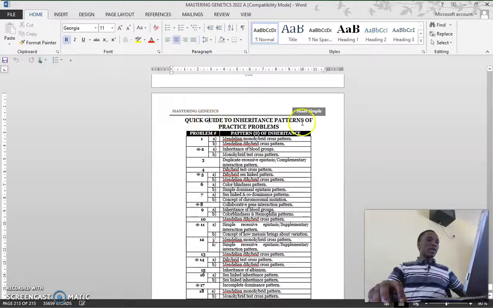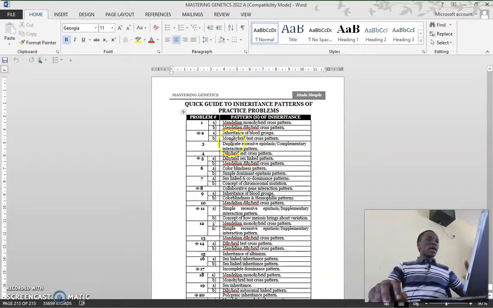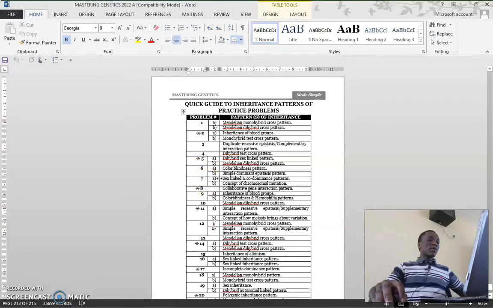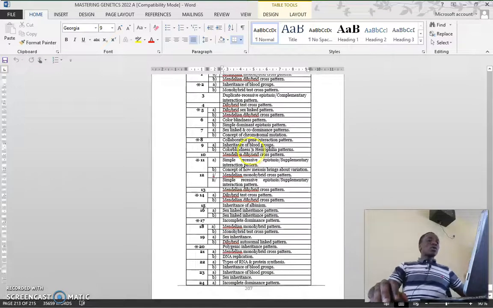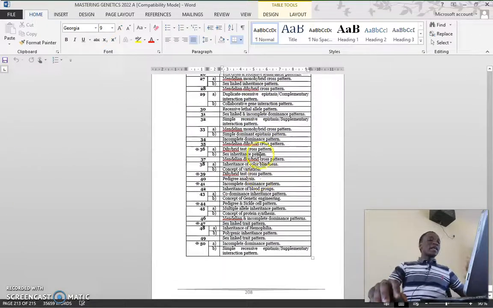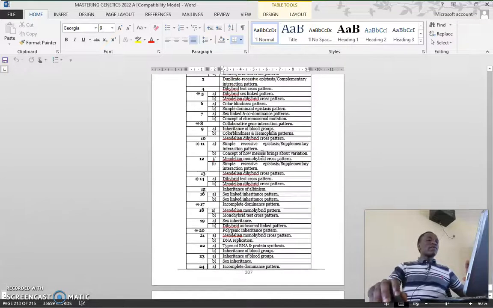All practice problems have been provided there with their pattern. If it is, say, problem number 7, you'll find that number 7 has A and B. Number 7A is maybe sex linked and codominance, and 7B is the concept of maybe chromosome mutation and so on. You will read the guidelines on your own.